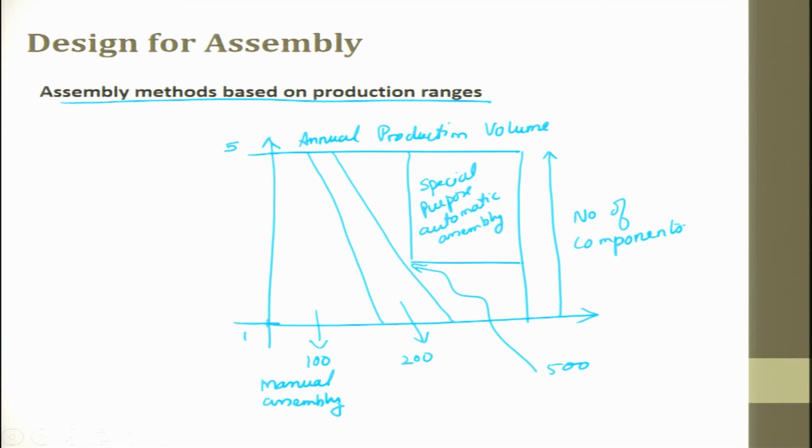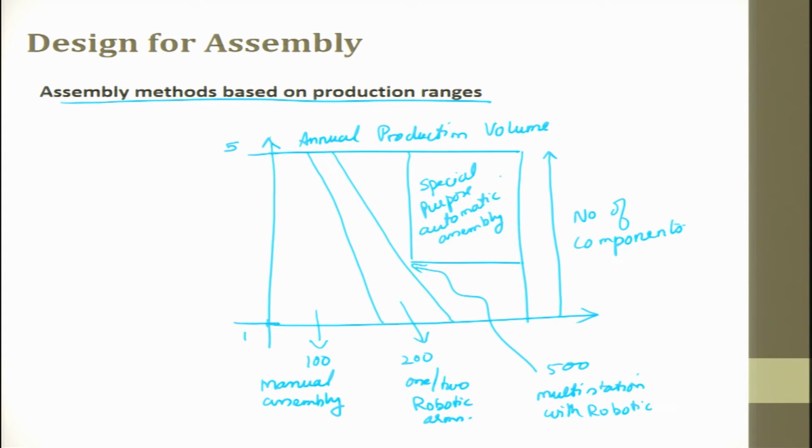If the annual production volume is in terms of 100, it is manual. So, we use 1 or 2 robotic arms when the annual production rate is somewhere close to 200, and when it is close to 500, we try to use multi-station with robotics.